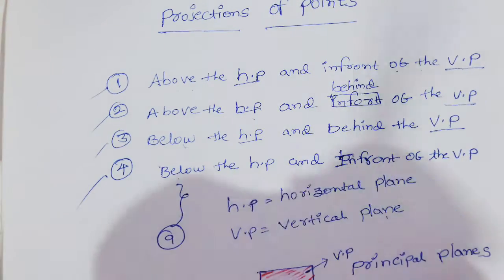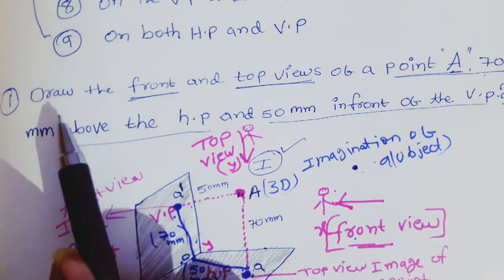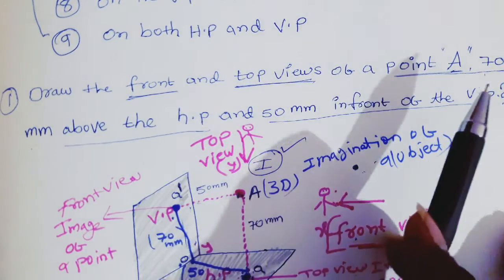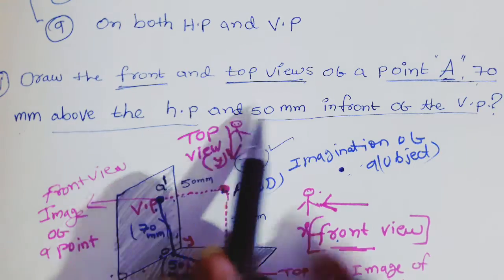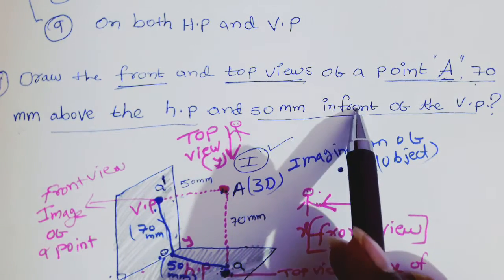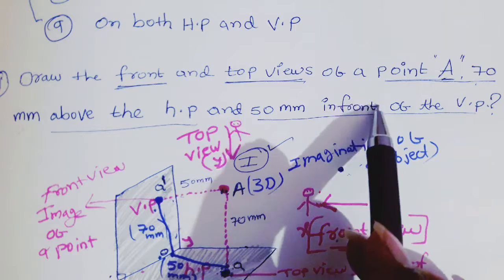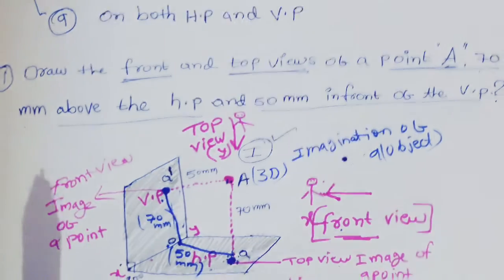So for this condition also I am taking the same problem. Draw the front and top views of a point 70 mm above the HP and 50 mm. See here, in place of in front, write down behind. Okay, behind here for the second condition.